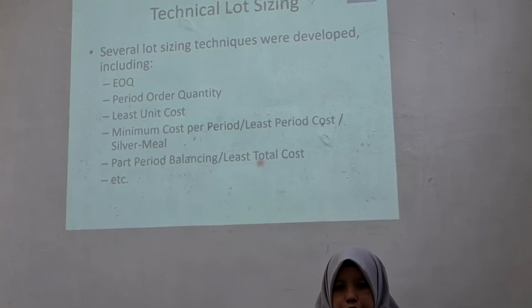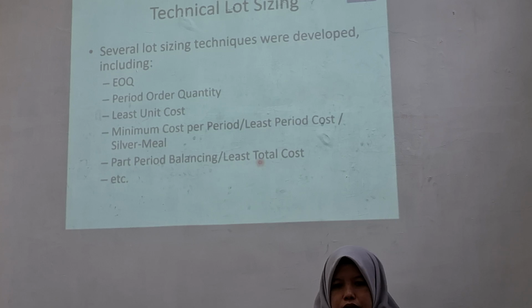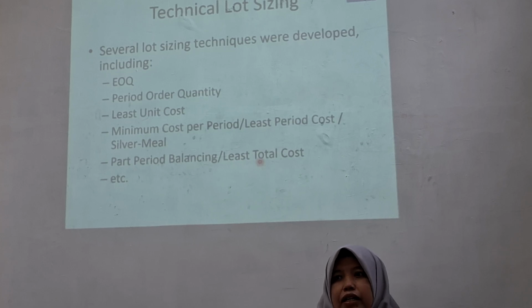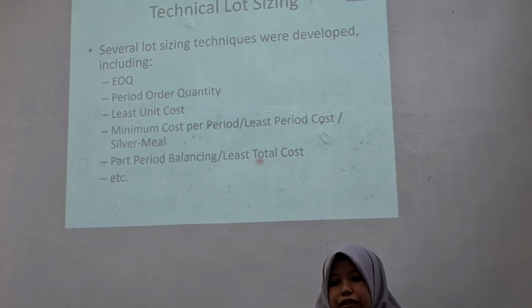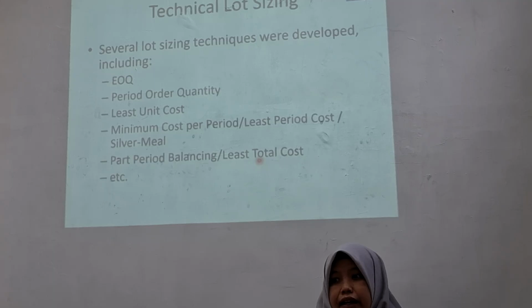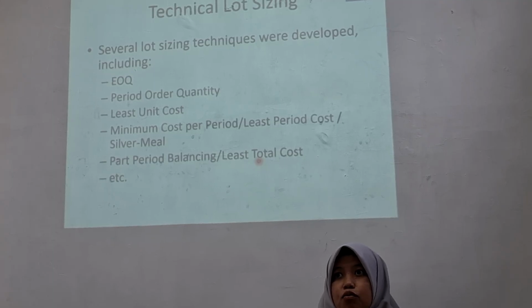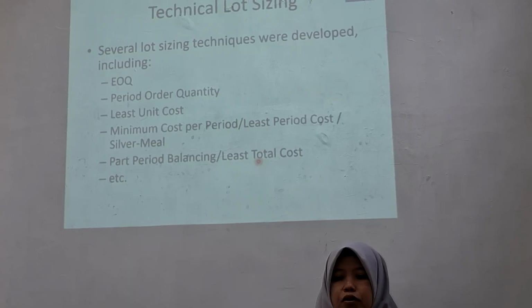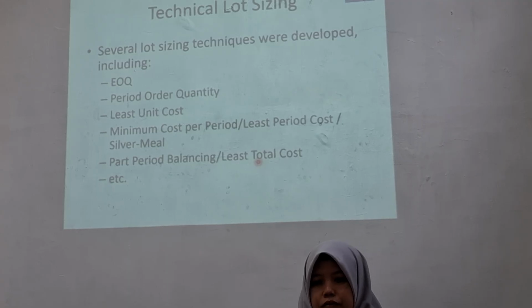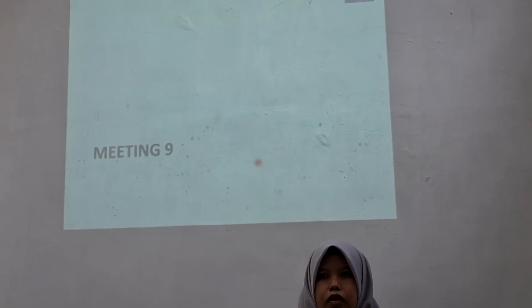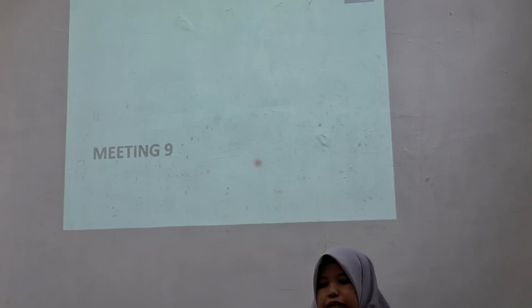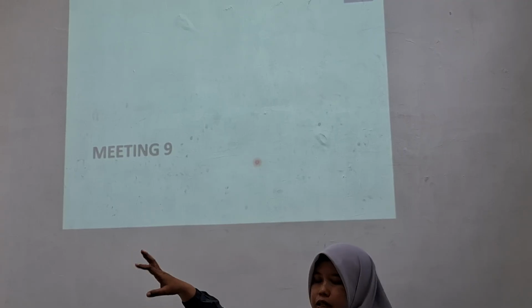But these techniques will be studied in the meeting after the midterm exam, in the second session. Okay, this is the last slide for me to explain about MRP. It is still basic.